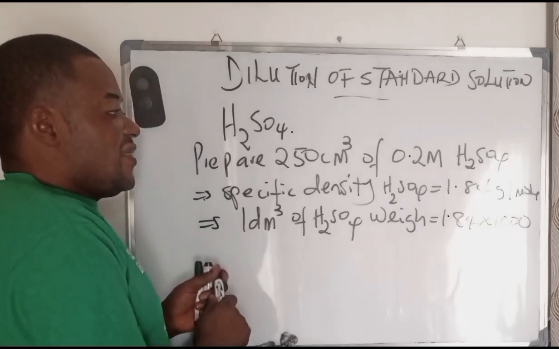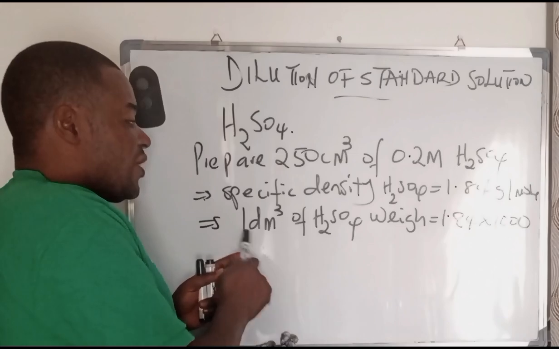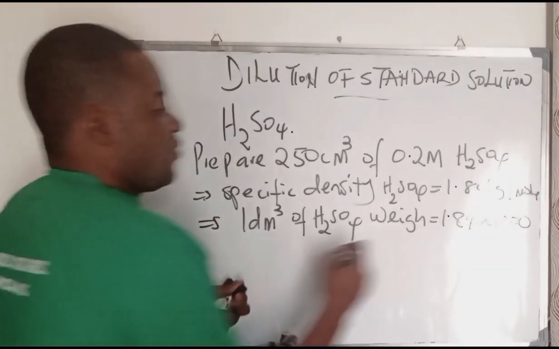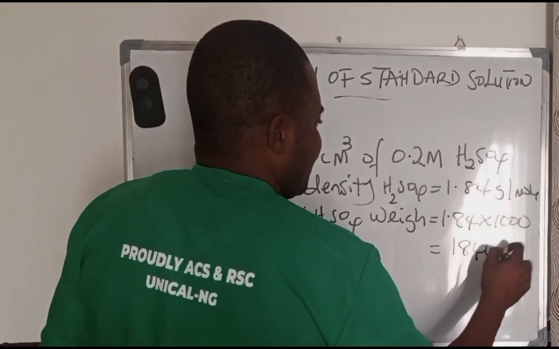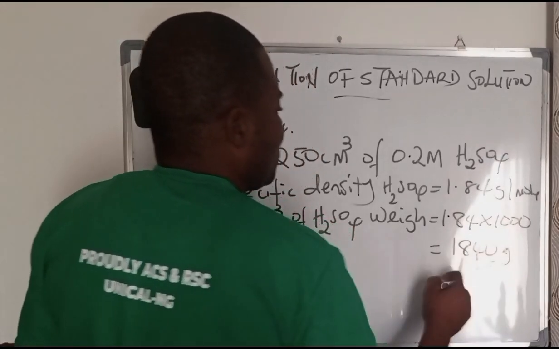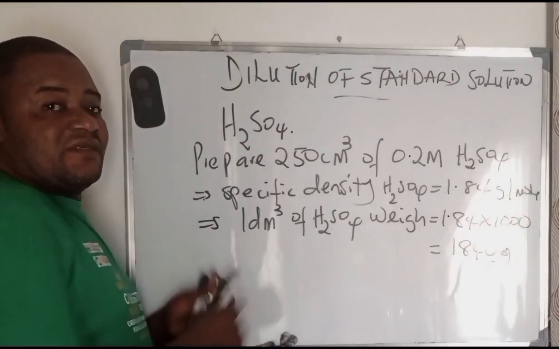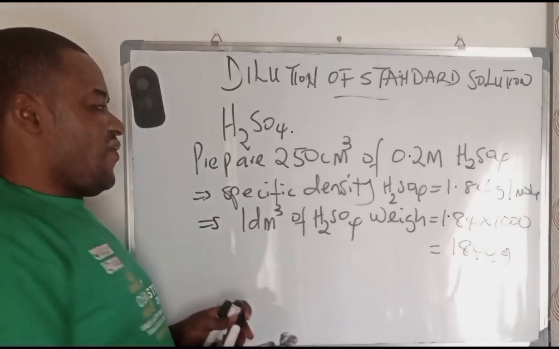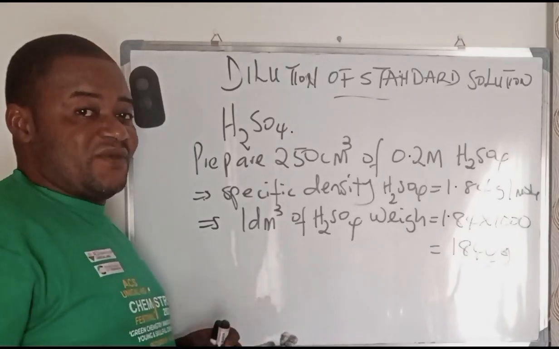So if we are linking by weight of sulfuric acid through 1 dm³, we multiply 1000 by 1.84 and we are going to have 1840 grams. That is what we are going to have as the weight. By convention, we can say that is the mass of the sulfuric acid in 1 dm³.